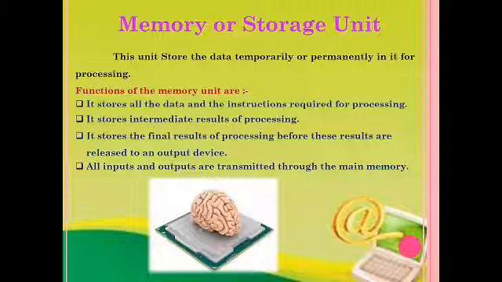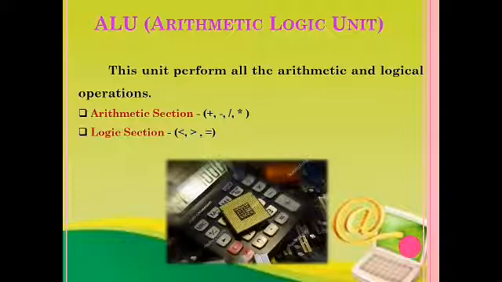So children, now we look at the next unit of the CPU, that is the Arithmetic and Logic Unit, ALU. The ALU solves all the mathematical calculations and logical questions.